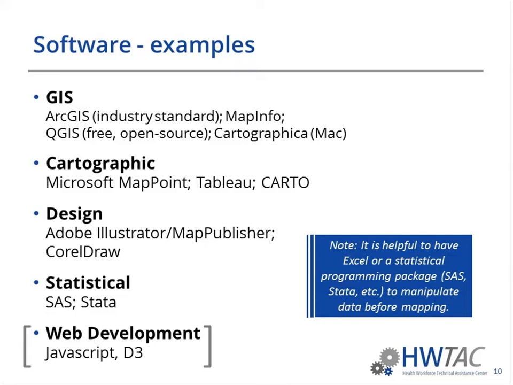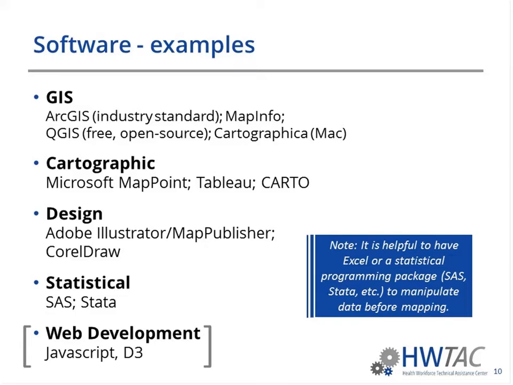You can also make maps with some statistical software packages like SAS and Stata. I'm not a programmer. I don't use these packages very much. I know that the maps that used to come out of SAS and Stata were not always very pretty, but it let you see your data. I think they're coming along. They're improving, but I don't know the current status. And then, again, not GIS.